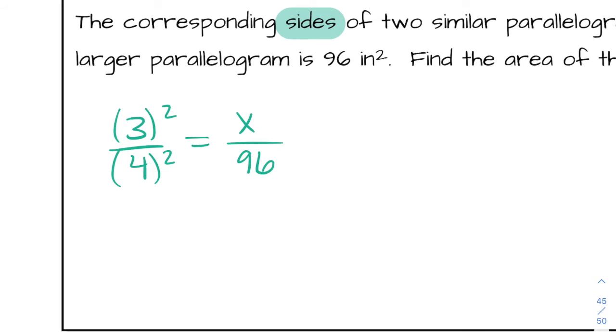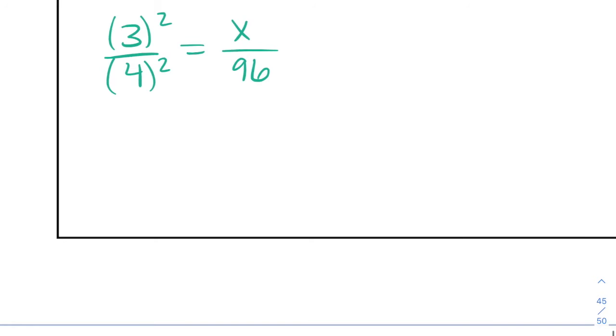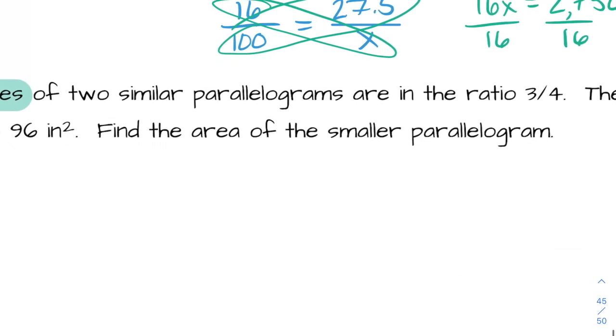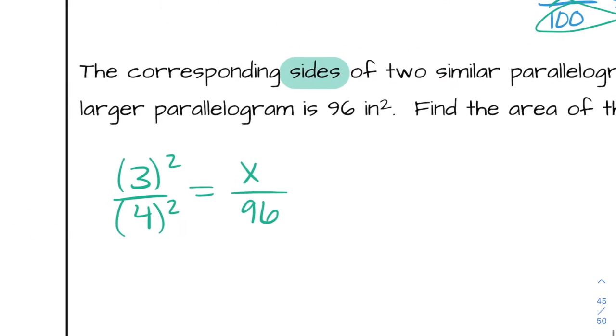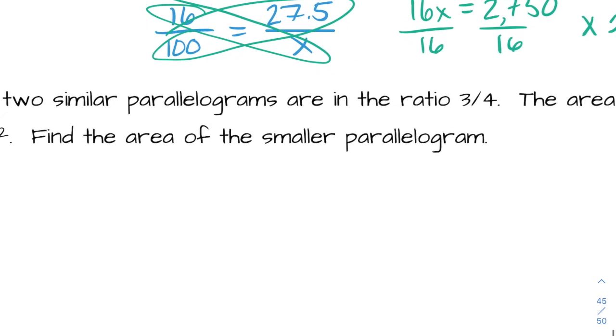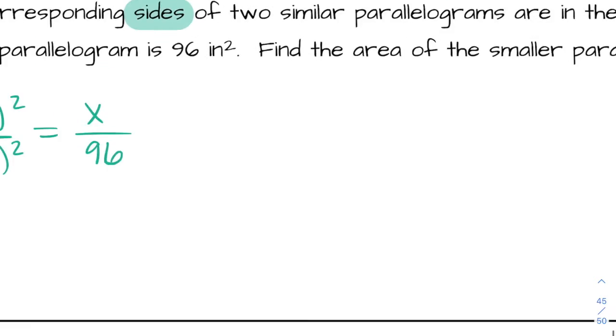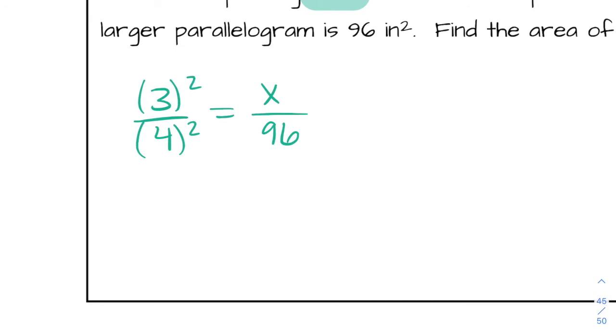Now, why did I square those? Well, let me rewrite it and I'll erase what's above. It doesn't even list inches as the unit, but we know that's going to be 3 inches. It says 3 to 4. It really could be anything though. So let's just leave our units off.